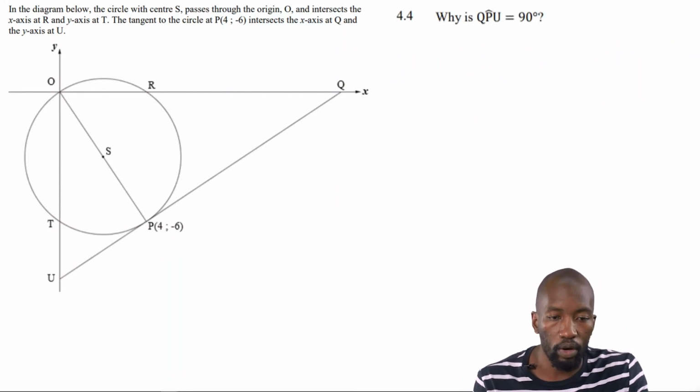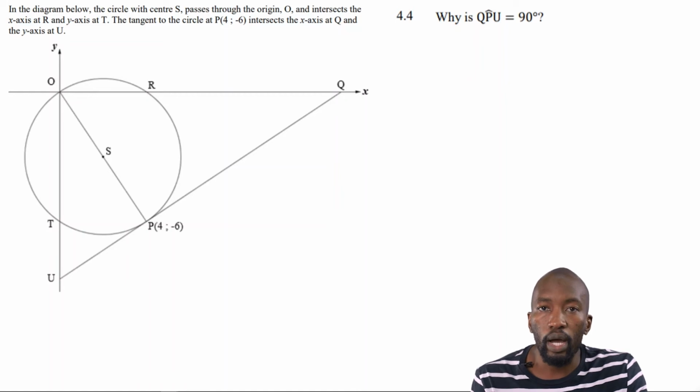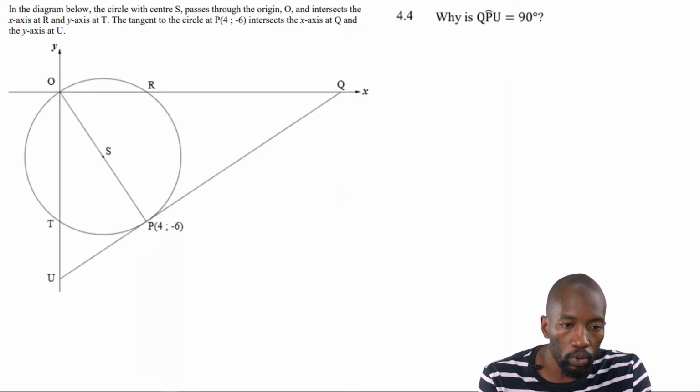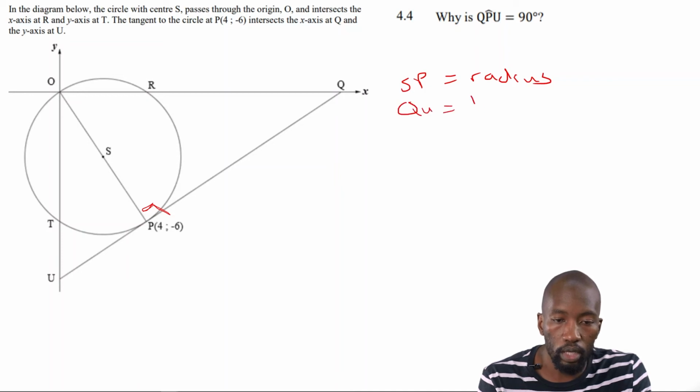Now let's carry on. Now they're saying, why is angle QPU equal to 90 degrees? And look at the hat, it's on P. So what are they trying to say? Why is angle P of QPU 90 degrees? So let's locate QPU, so this angle here. Why is that 90? Because SP is equal to the radius, and then QU is the tangent.